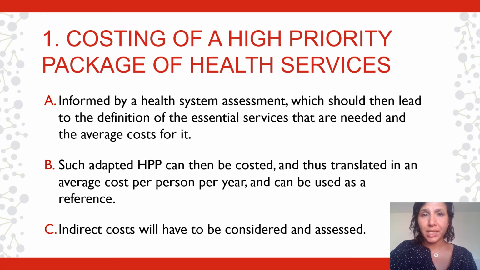The first approach is equivalent of the market approach and is informed by health system assessments, which should then lead to the definition of the essential services that a household needs, and then the cost of accessing or receiving those services. Such a package could then be costed and thus translated in an average cost per person per year.